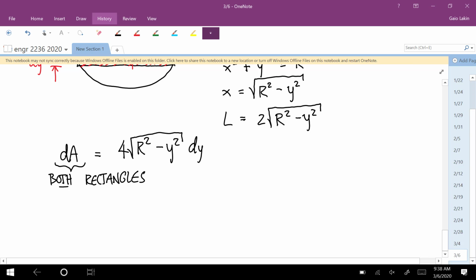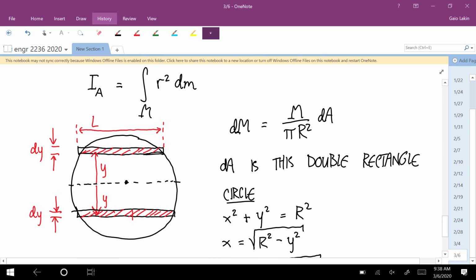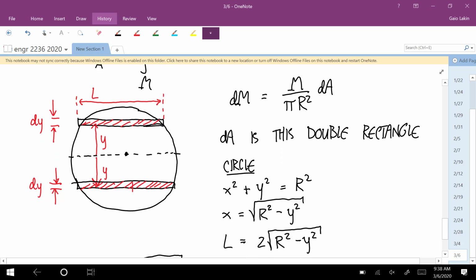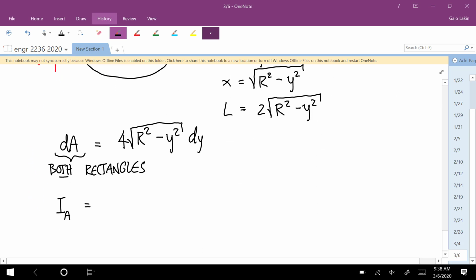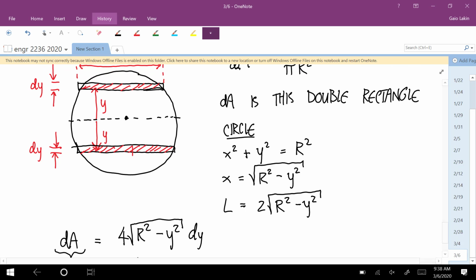And so now we can set this integral up. So I sub A is, first we have our conversion to go from mass to area. So m over pi big R squared, times the integral of, now, what's the distance?